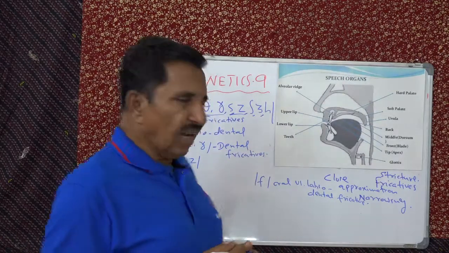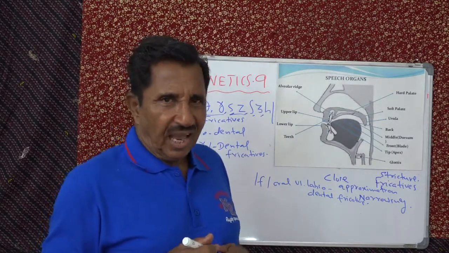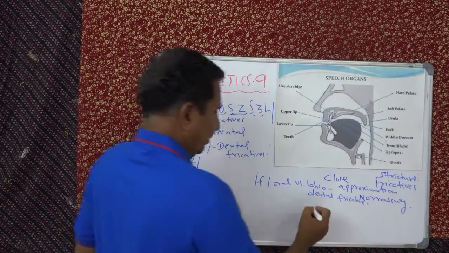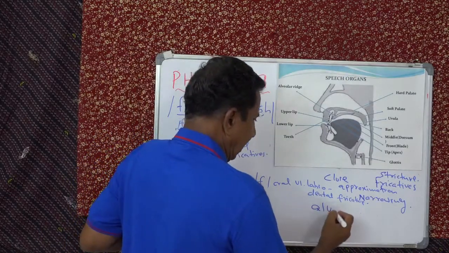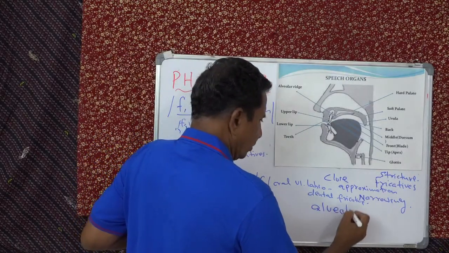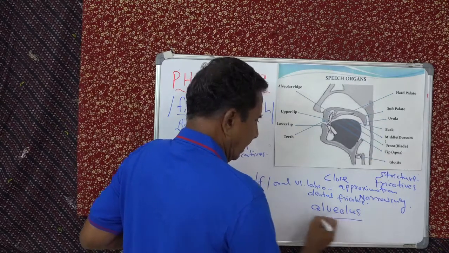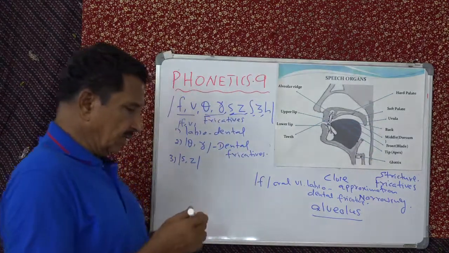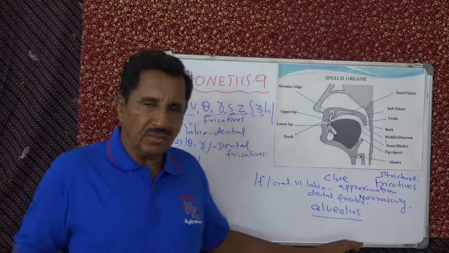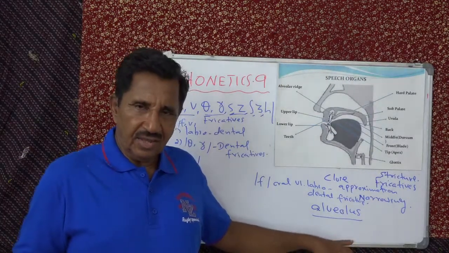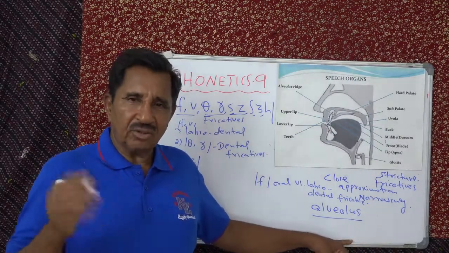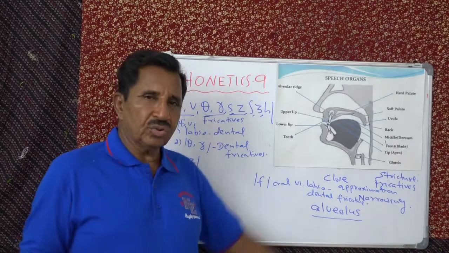Alveolar. You know what alveolar means? Alveolus, that is the Latin word. Latin is a phonetic language, so you have to pronounce all the letters, and you read as you write. So, alveolus.